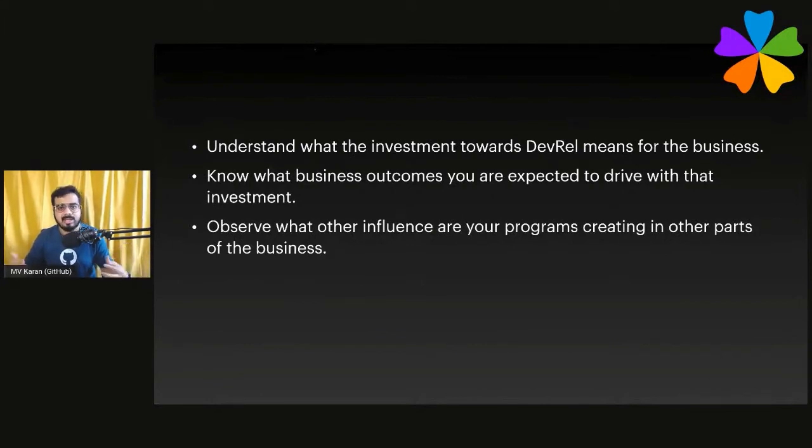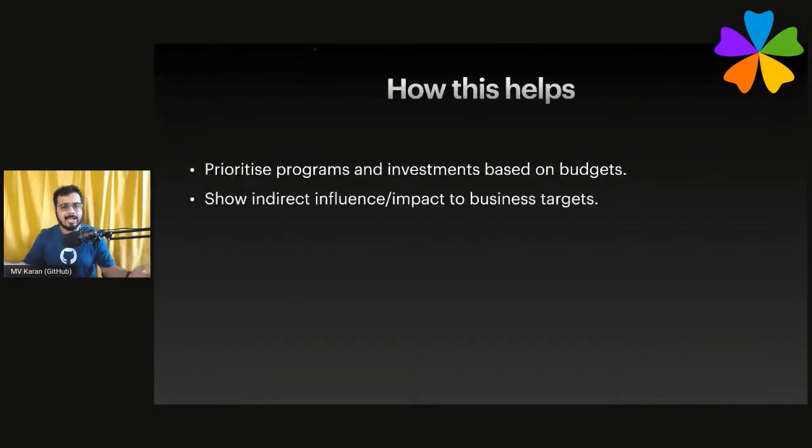Is it helping marketing, engineering, product, etc.? Because if you're able to show an indirect influence across various functions within your business, it will help you attribute a dollar value for your programs and investments. It helps you first prioritize programs and investments based on the budgets, and also show indirect influence or impact to the business targets.